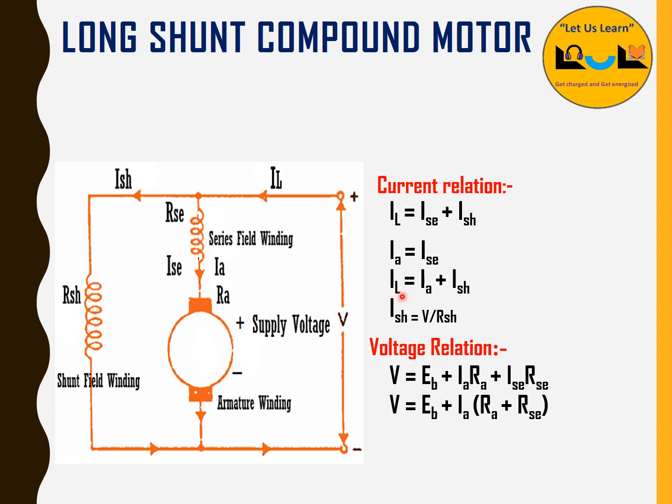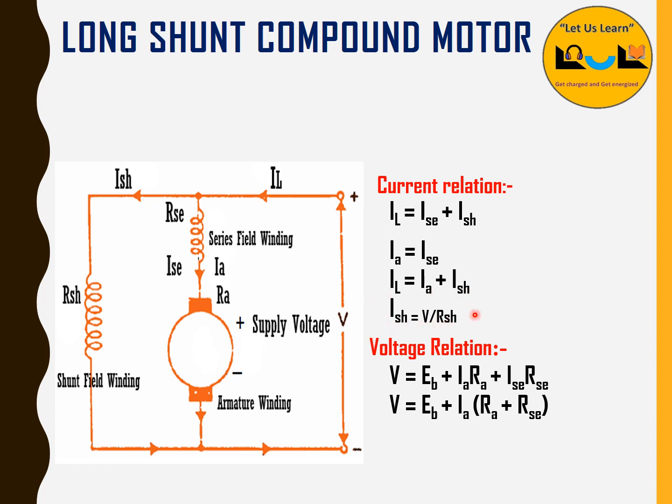So IL is equal to IA plus ISH. While coming to this junction, it is dividing into two currents, IA plus ISH. So IL is equal to IA plus ISH.